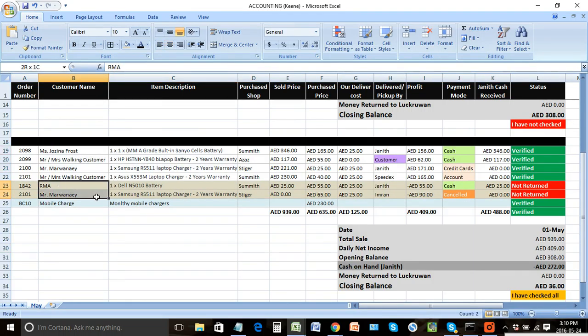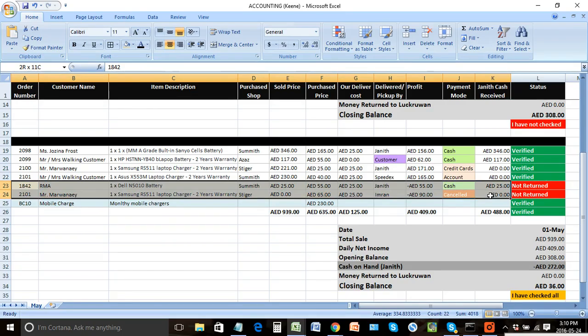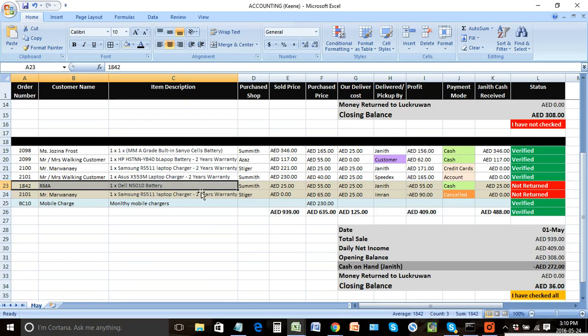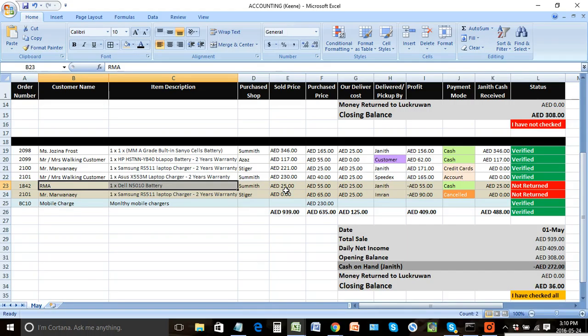I even told you from the beginning, if you remember the first template that I gave you, we have some stuff that was cancelled or not delivered or RMA, we marked in a different color. Okay, here now, as you can see, this is the RMA. Obviously, the sold price here, this is our delivery.